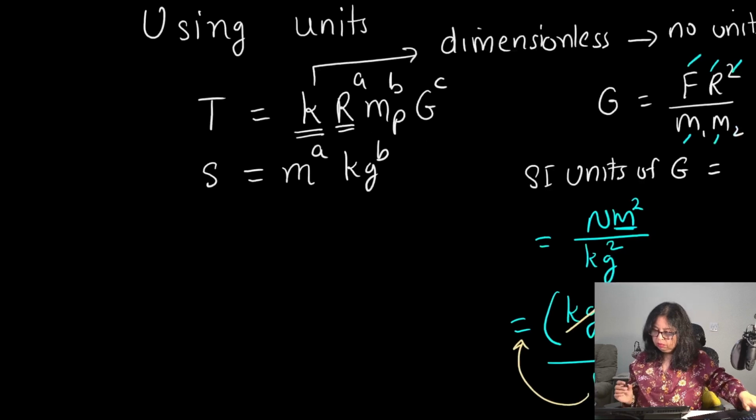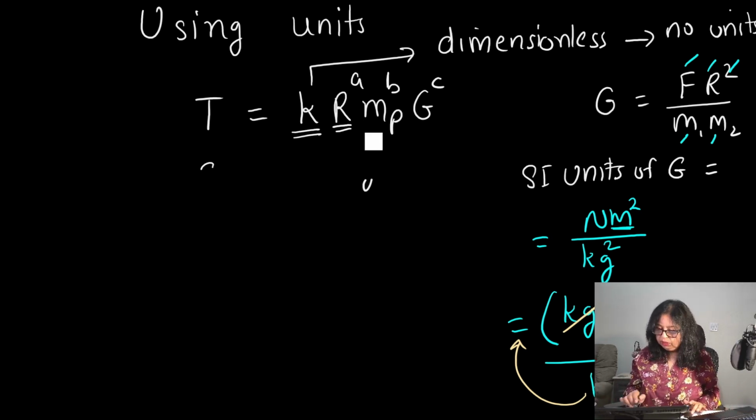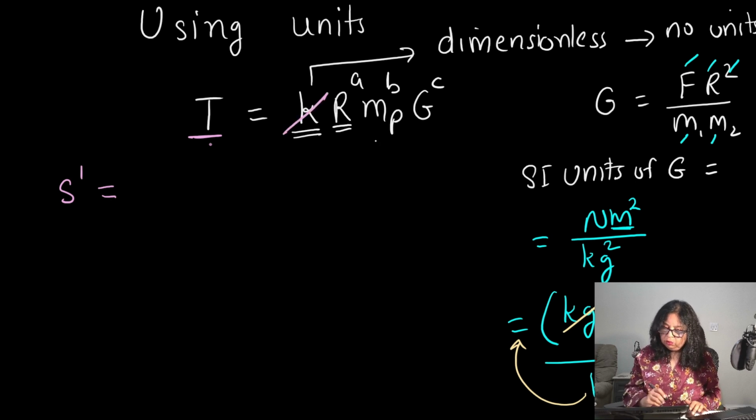Not much space to write here, so I'm going to move this little bit over to the left. Time period is seconds to the power 1. K we said is unitless.